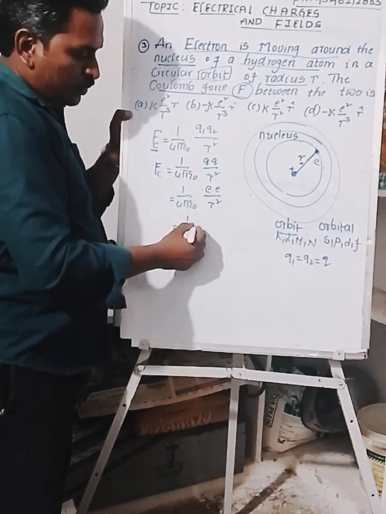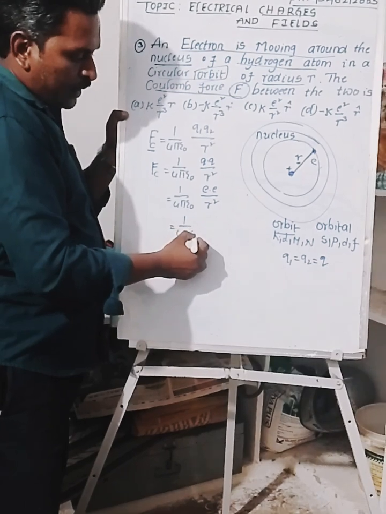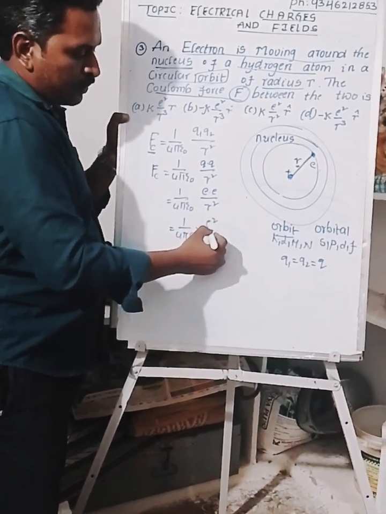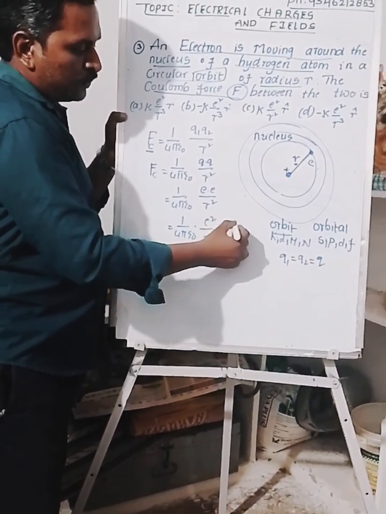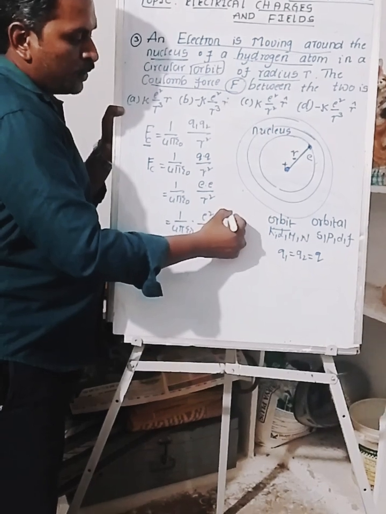So that is equal to 1 by 4 pi epsilon naught, e square by r square, into the unit vector.